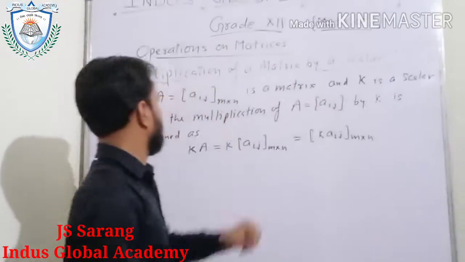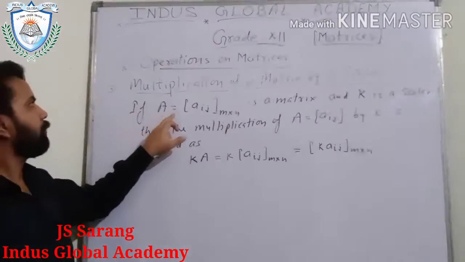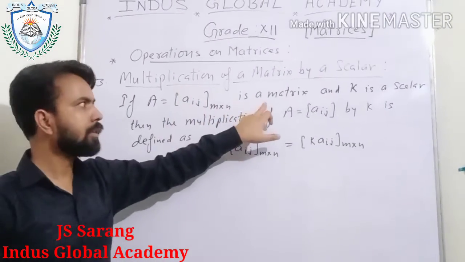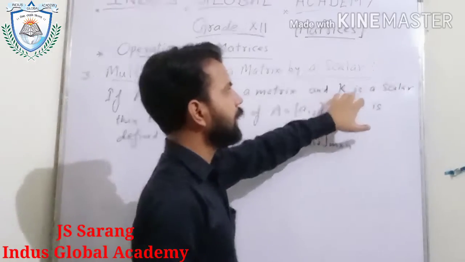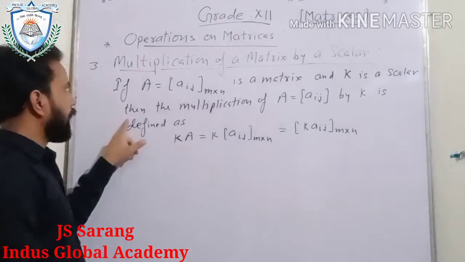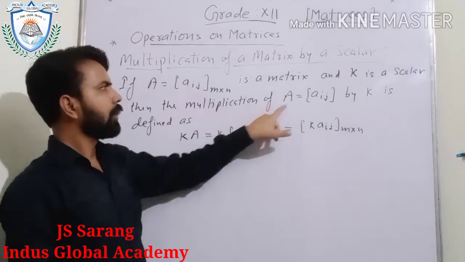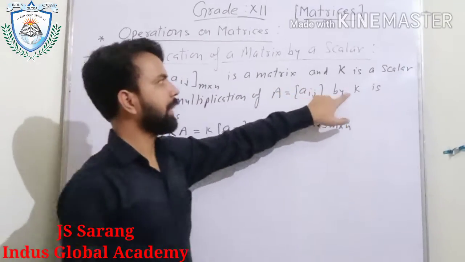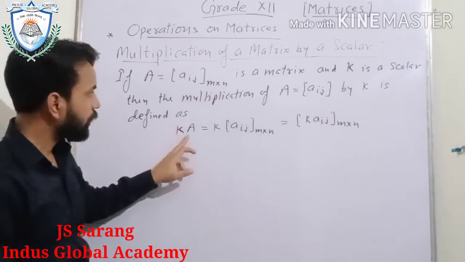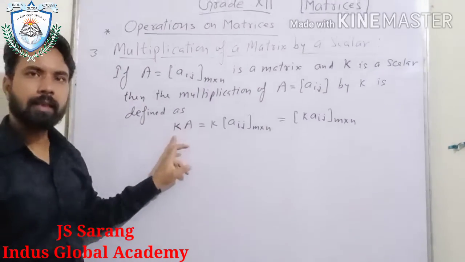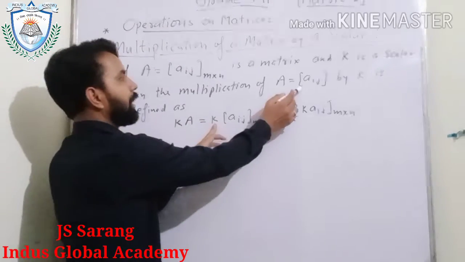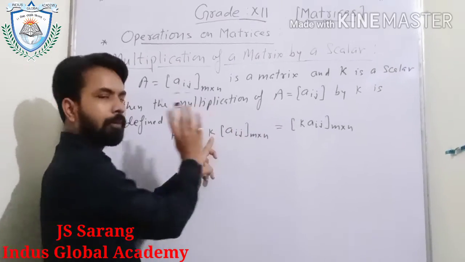So let's see. If A equals Aij of order m cross n is a matrix and K is some scalar, then the multiplication of the given matrix by K is defined as KA equals K times the matrix Aij of m cross n.